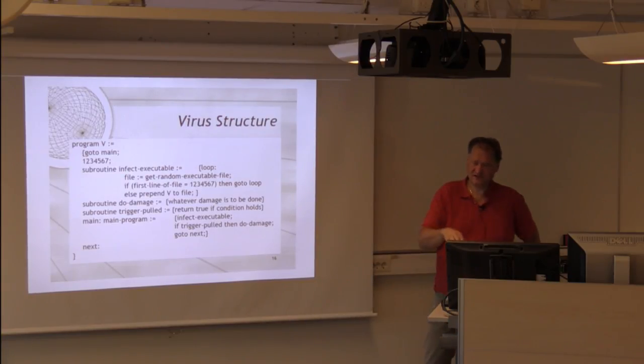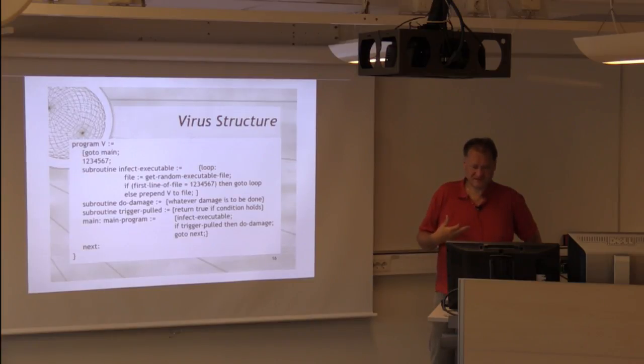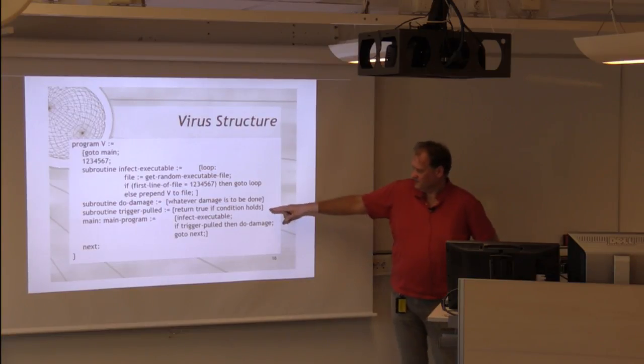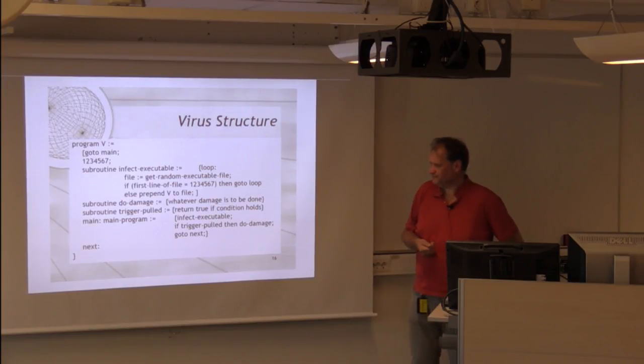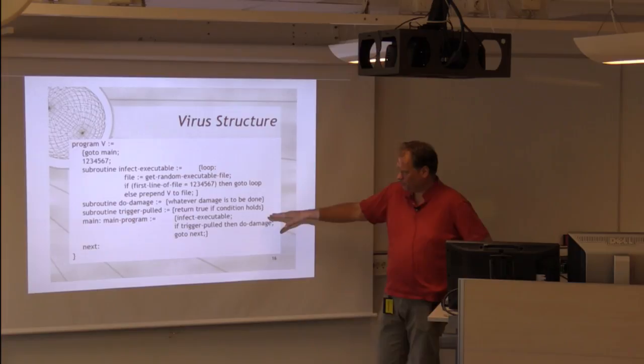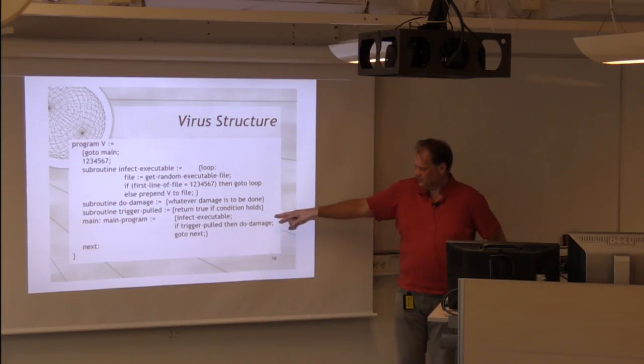We try to find a new host for the virus. We have another part that is called do damage, so that's the payload, whatever that is. We have this trigger pull that is checking if it's time to do the payload or not. And then we have a main program down here that starts with, okay, infect.